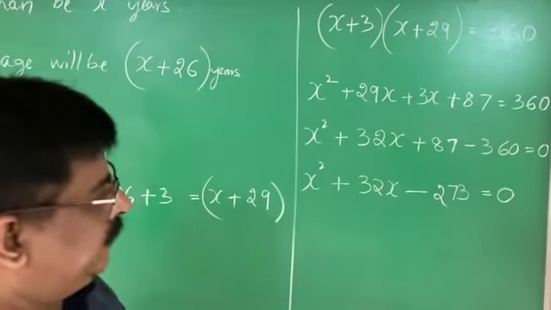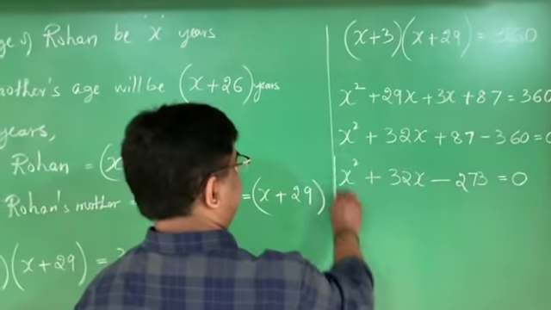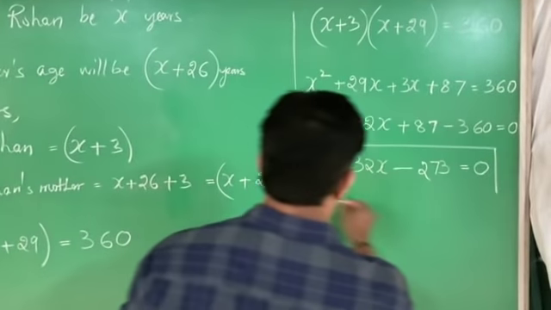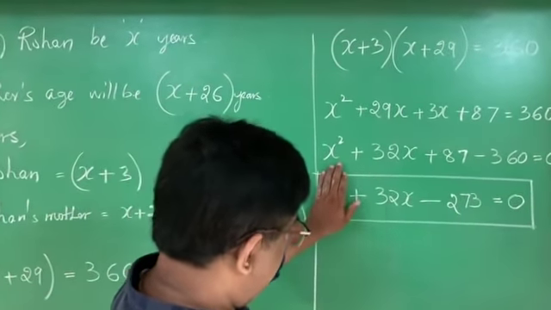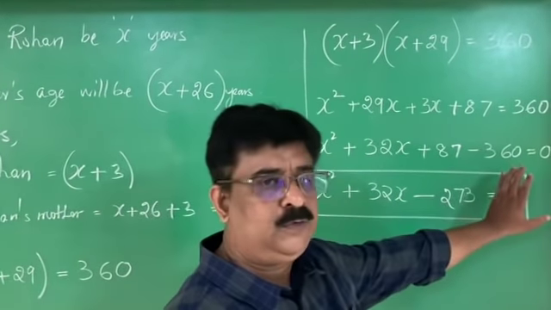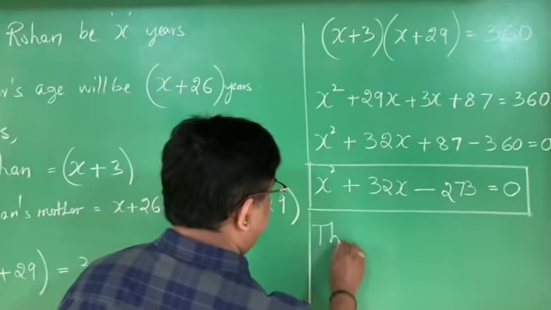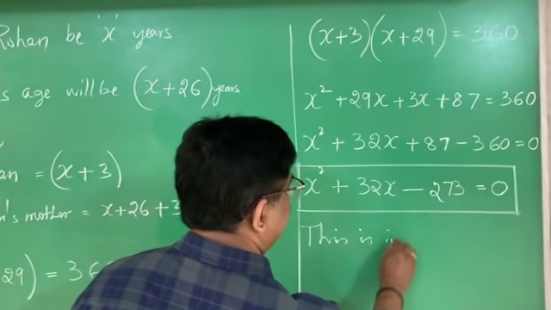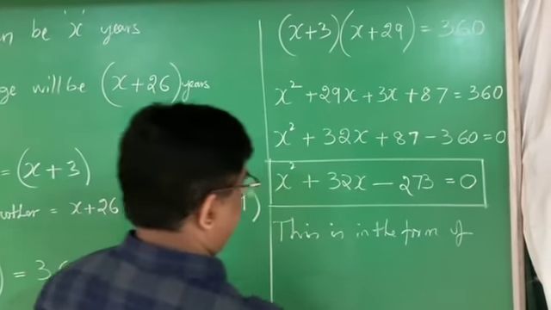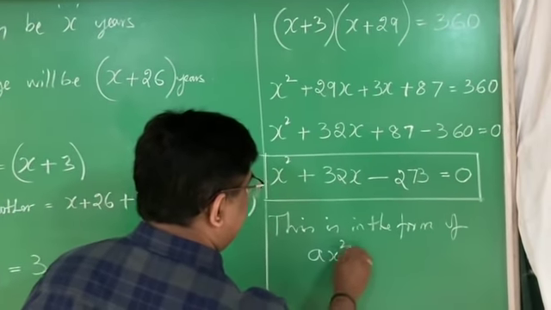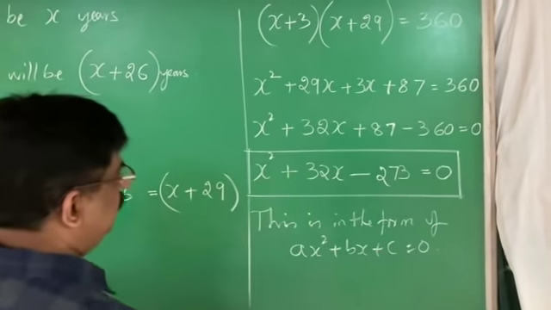Now see this equation. Is this equation in the standard form or not? Yes, this is in the standard form. See how nice it is. It is in the form of ax square plus bx plus c is equal to 0.